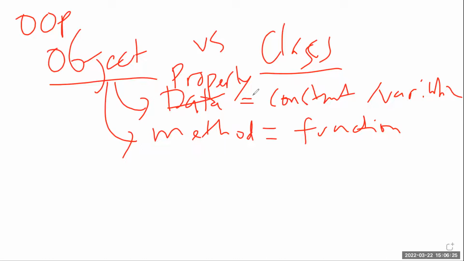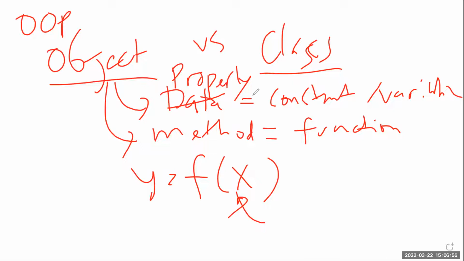Function is just a method, right? So in a function you have, for example, y equals f(x), x is the input, y is the output. So you have input, you have output, that's the function. But inside the function, you also have data, property. You also have many functions, not just one.